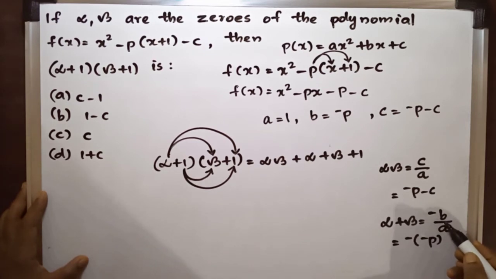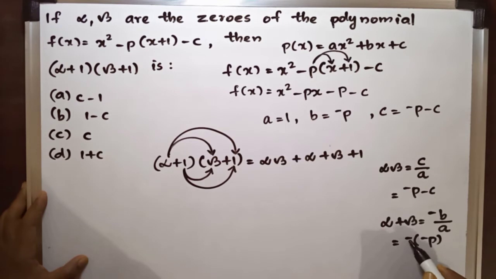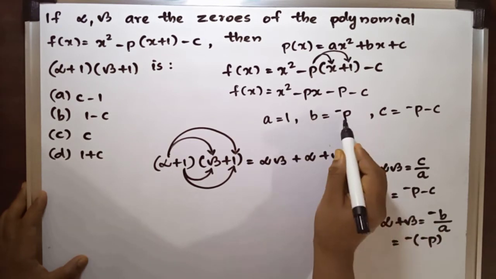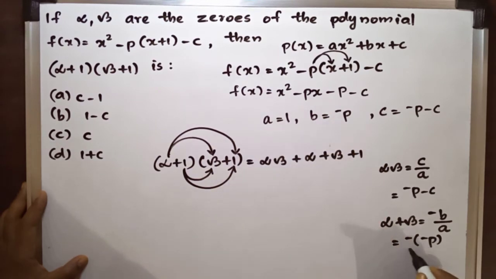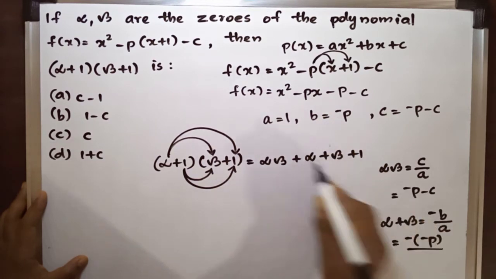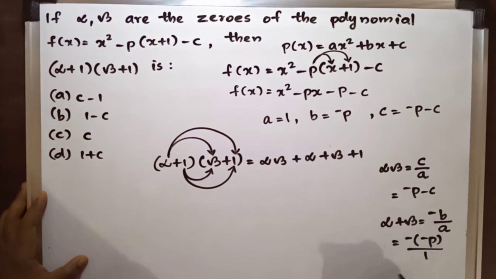Because in place of b we have minus p here, minus b means minus of minus p, by a is 1. Anyways, here also denominator is 1, we can avoid it, right? Two negative symbols coming together means it is positive. So alpha plus beta is p.